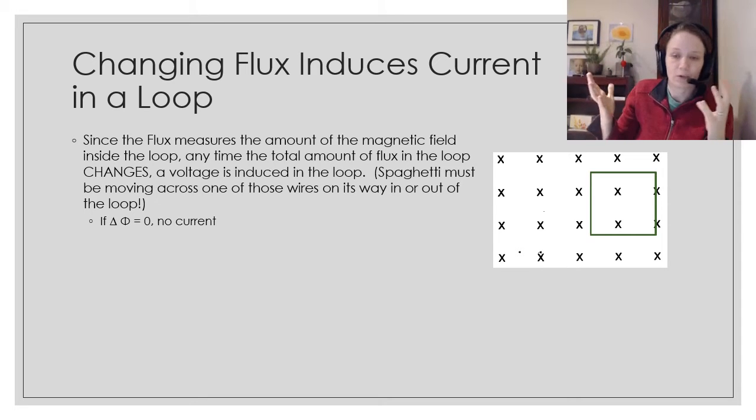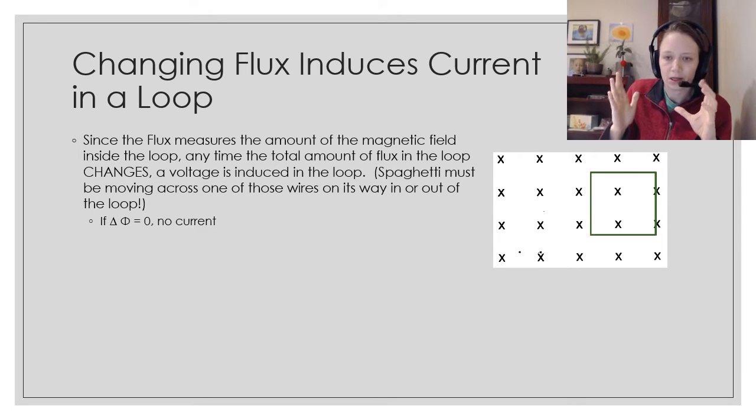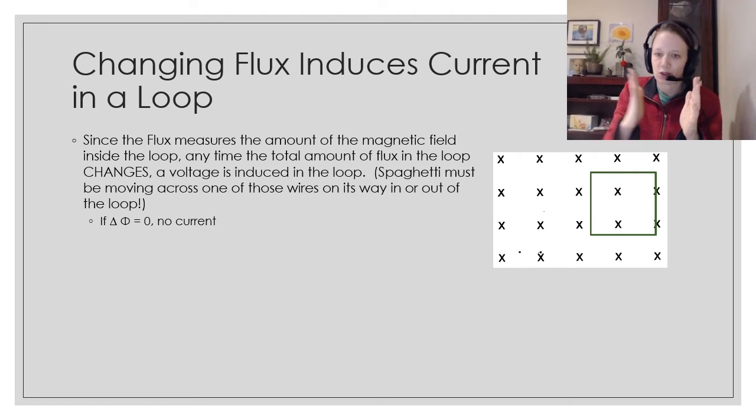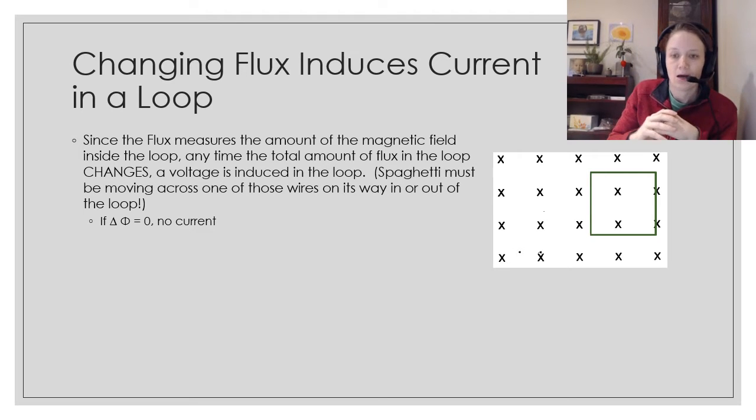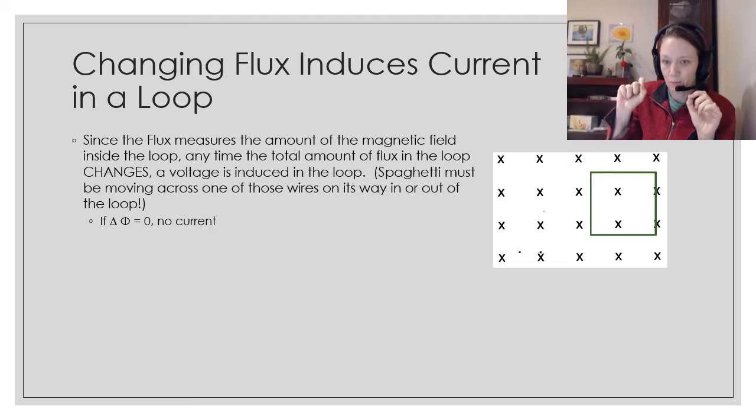We solved that problem the longer, clunkier way, realizing that one of those wires was chopping spaghetti, the other was negatively chopping spaghetti, or you could imagine them as batteries that were both trying to push the current in opposite directions. But no matter which perspective we take, whether we talk about it from a flux perspective or from an individual little wire perspective, no current is generated unless the flux is changing.